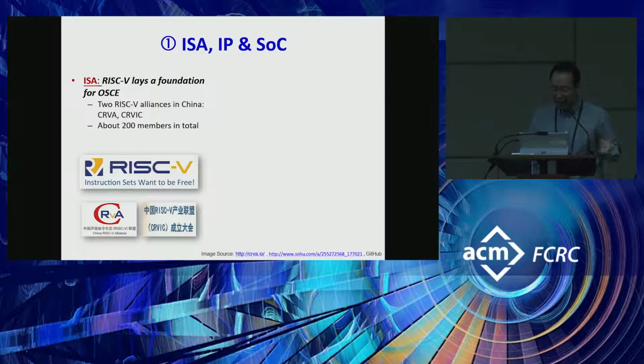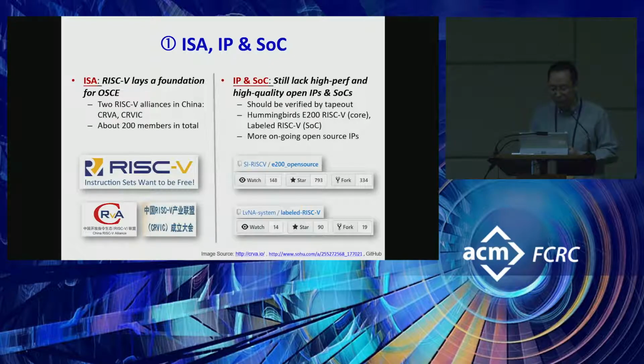It's very active in China. But for IPs and SoCs, there still lacks high performance and high quality open source IPs and SoCs. We think high quality means it should be verified by tape-out.